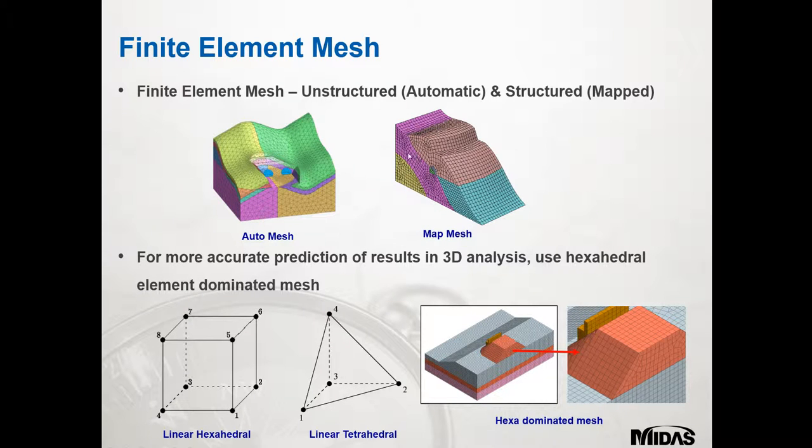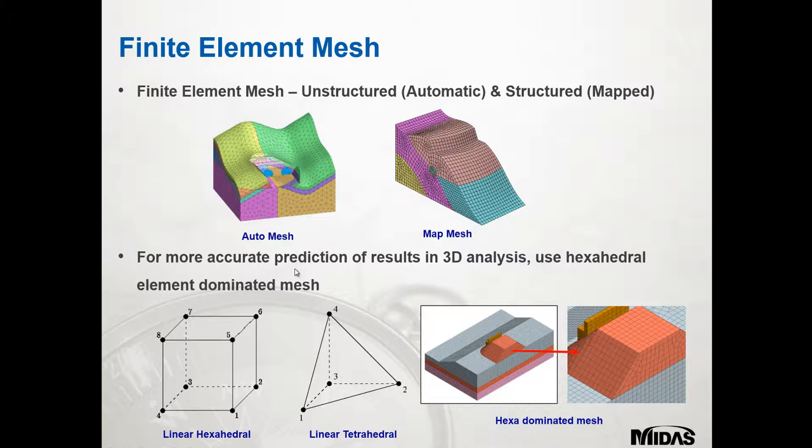So just define the different finite element mesh. As you see here, you have two types of mesh. You've got the auto mesh function that we can generate within the program, which will give you an orderly mesh, but it won't be as orderly as a map mesh. A map mesh can be used really just where you take a surface and you can extrude it, but if you've got a more complicated tunnel intersect like in the first one, a more complicated geometry, i.e. the stratigraphy of the ground layers is more diverse and complicated, then you'd have to use the auto mesh function.